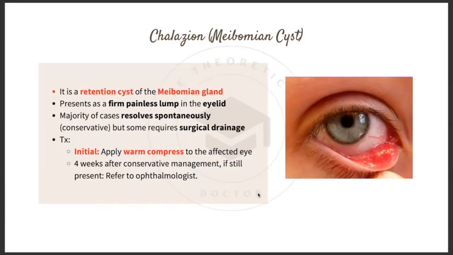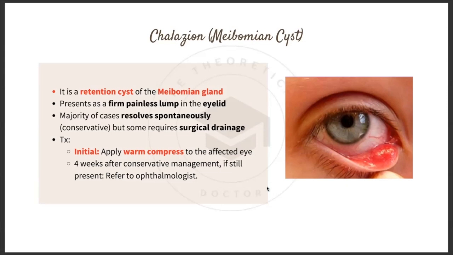Meibomian cyst is a retention cyst of the Meibomian gland. The Meibomian gland is a large sebaceous gland present in the eyelids, which secretes lipids that form the superficial layer of the tear film to protect against evaporation of the aqueous phase. It presents as a firm painless lump in the eyelid, and most of the time it resolves spontaneously.